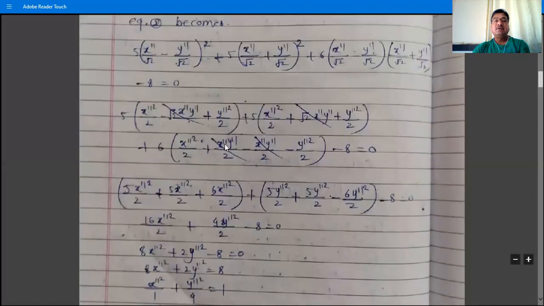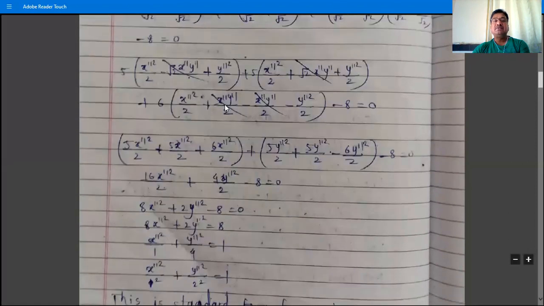And so if we simplify these terms, what is your observation? Multiplying by 5 to these terms, we observe that these plus and minus terms get cancelled. So what we have is 5 x double dash square by 2, plus 5 x double dash square by 2, plus 6 x double dash square by 2.